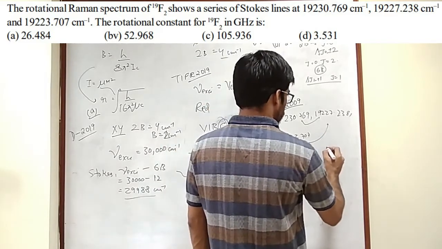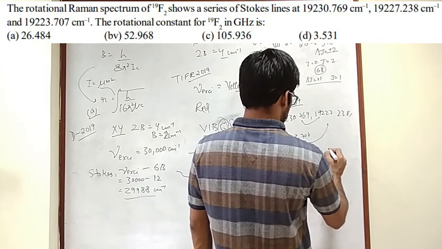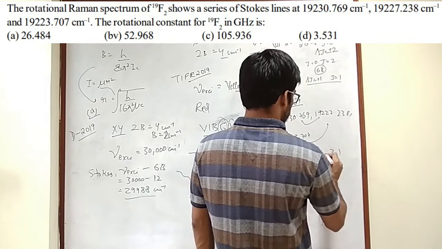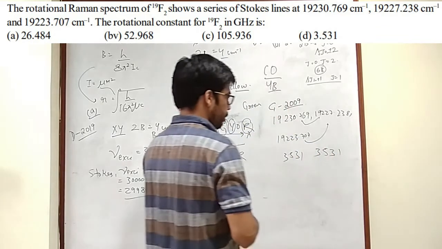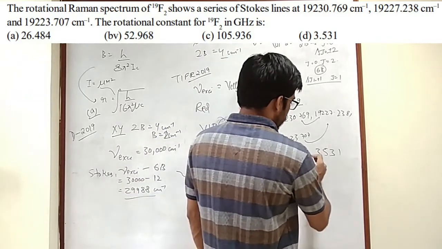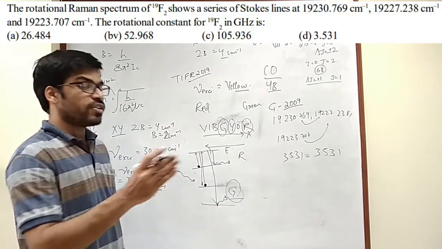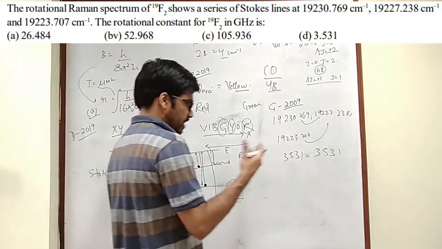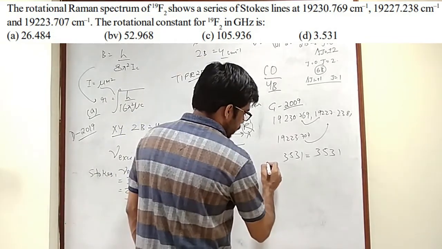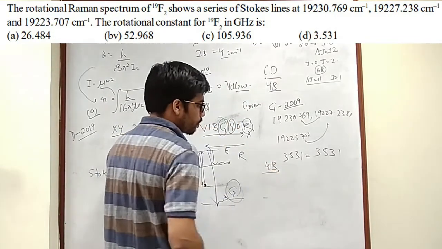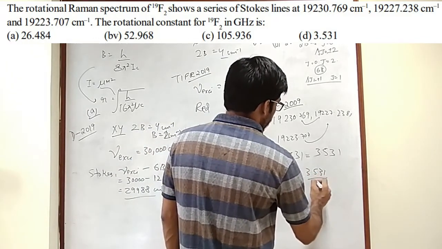Between these two, also 3.531. So the difference is the same. So they are lines with a constant difference between Stokes lines, as has been mentioned. We know for diatomic molecules, the difference between Stokes lines is 4B. So that means B is equal to 3.531 by 4.